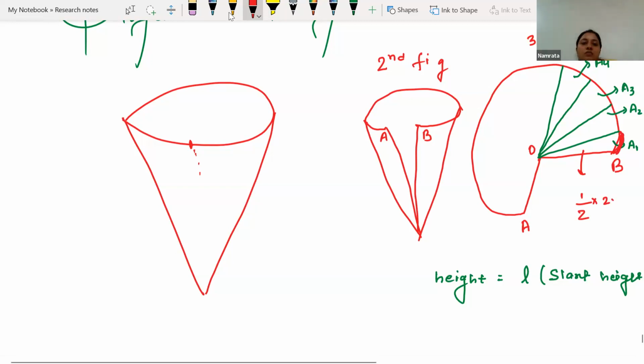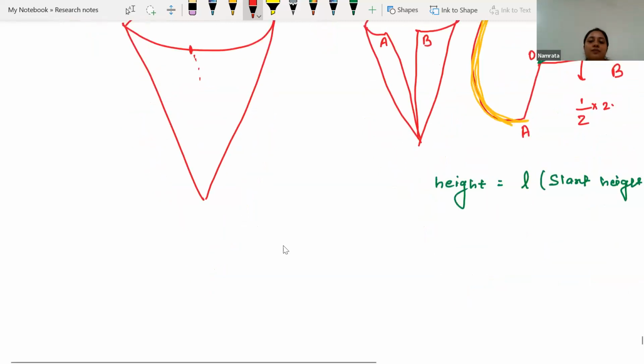If we are considering it as a triangle, the base of A1 plus base of A2 plus base of A3 plus base of A4 plus base of A5 plus base of A6, if we add like this, we will just cover the total circle, right? Yes, ma'am. So that means the total circle, again I am saying, it's the circumference of the circle, that is 2 pi r, right? Yes or no? Yes, ma'am. Let me write it properly.